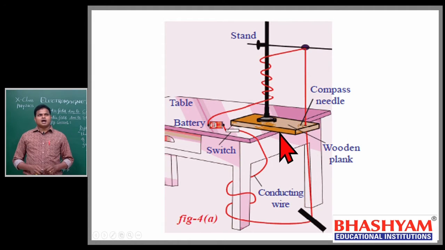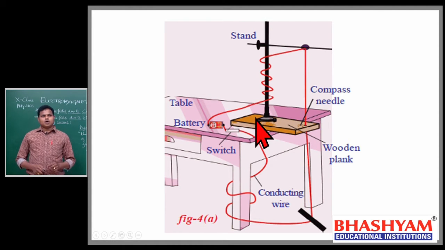Now pass the copper wire through the hole and the rubber knob of the retort stand. Now connect the ends of the copper wire to the battery through the switch. Now place six or ten magnetic compasses around the hole.